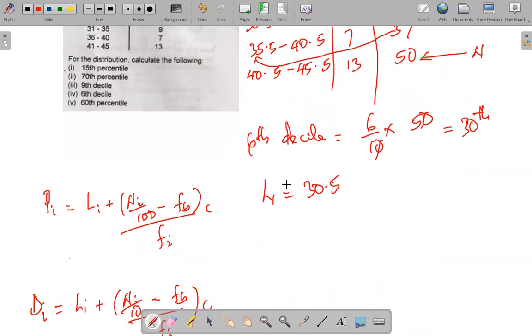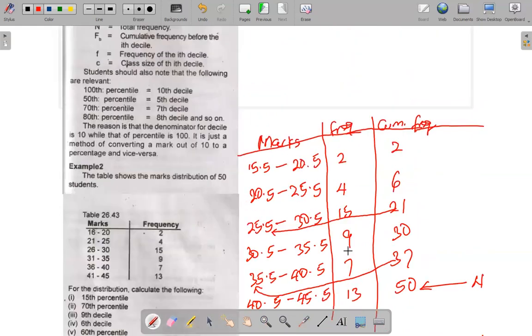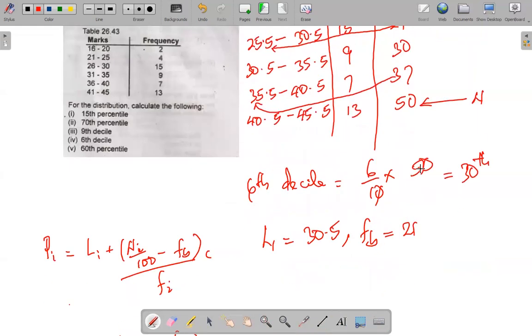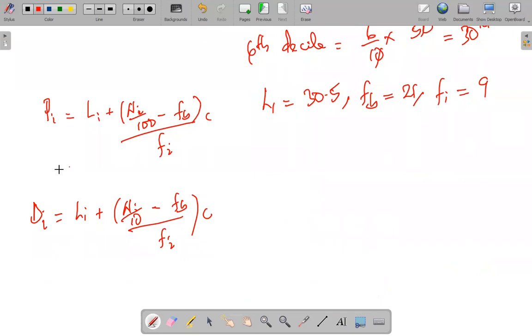So Fb is equal to 21. What else do we need? We need Fi. Fi is the frequency of the ith decile. The frequency there is 9. So Fi is 9. We can now put all of these values into our formula.